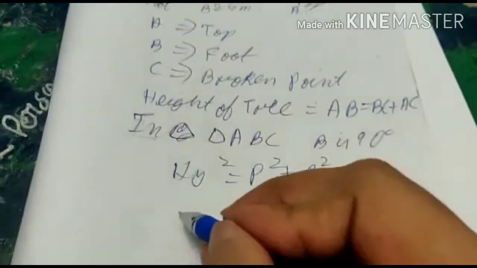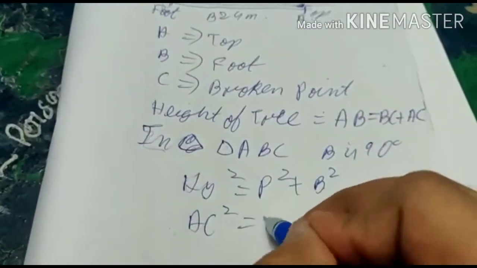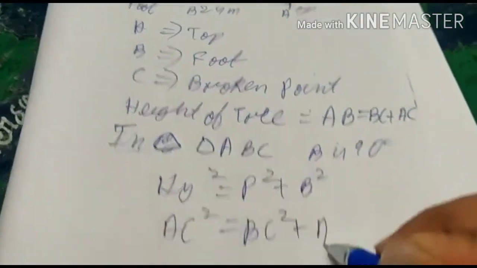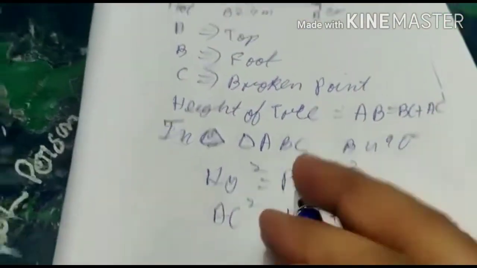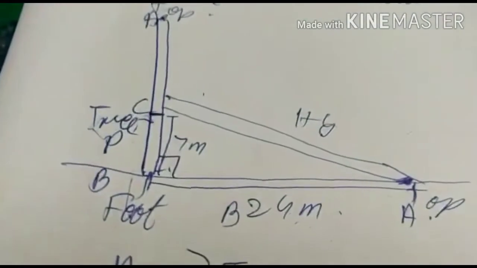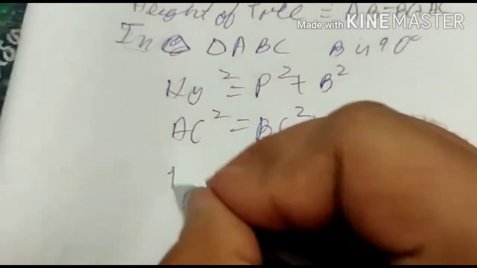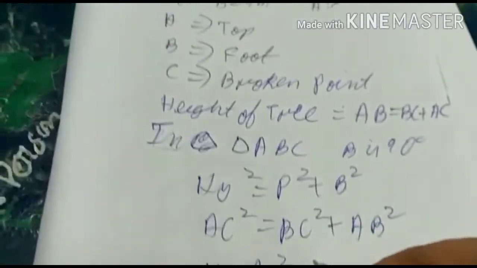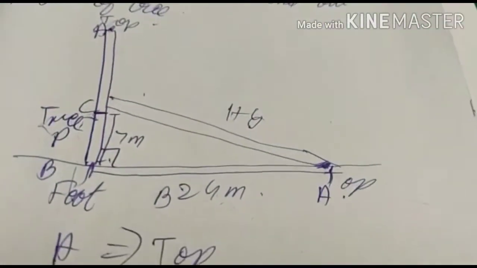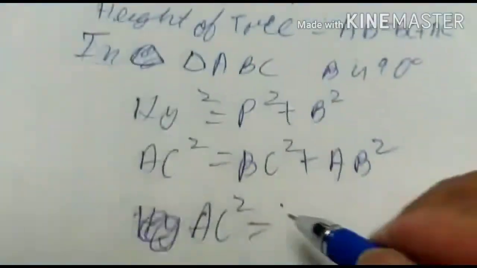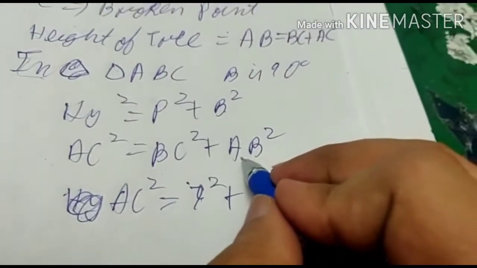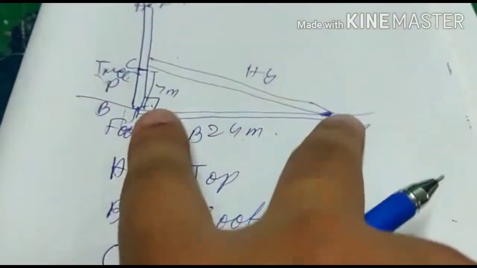Here hypotenuse is AC square, P square is BC square, B square is AB square. Here AC is not given. We have to calculate AC. So AC square equals BC square, BC is this 7 square, plus AB is 24 square.